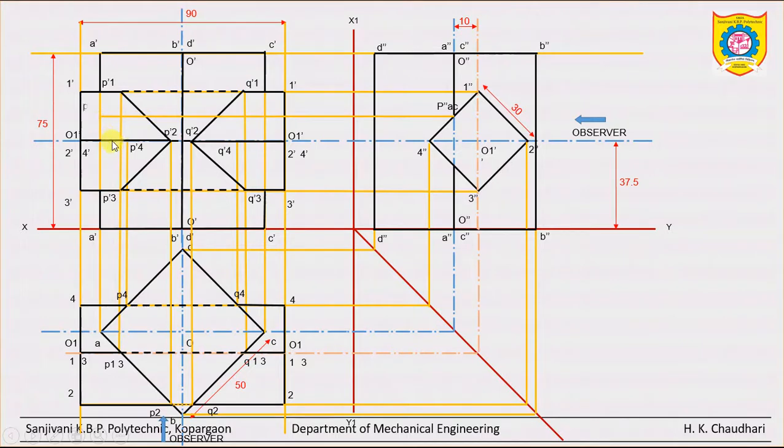This point will be P dash A. Okay, and this is P dash C. This is the C edge. And similarly from the bottom side, the point will be Q double dash AC. So similarly, just locate the point Q dash A and on this side Q dash C.